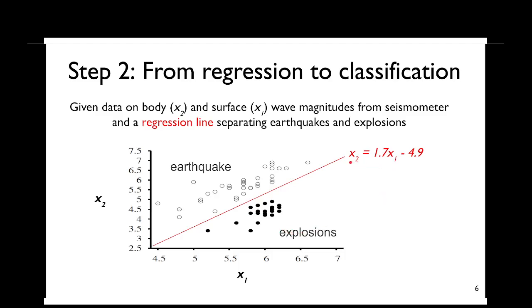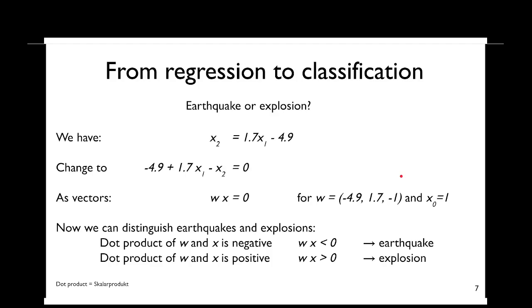This line is defined by x2 being equal to 1.7 x1 minus 4.9. And now what we're going to do is we take this equation and we just reformulate a little bit. Bring everything to one side and make it equal. That gives us minus 4.9 plus 1.7 times x1 minus x2, and that equals 0.